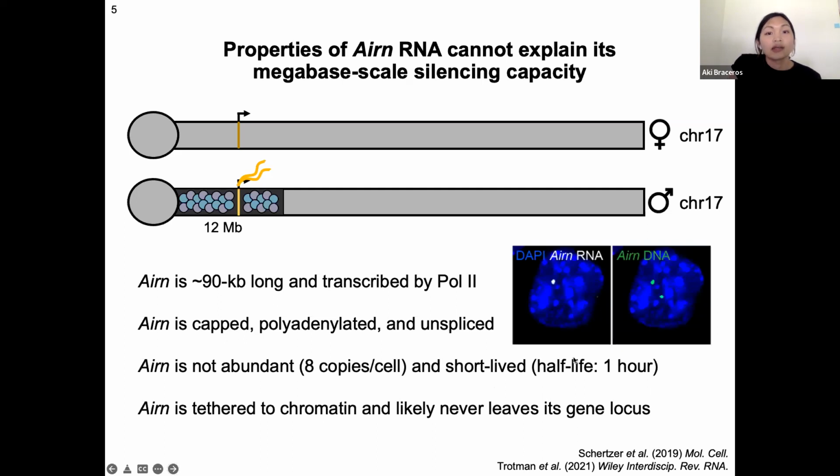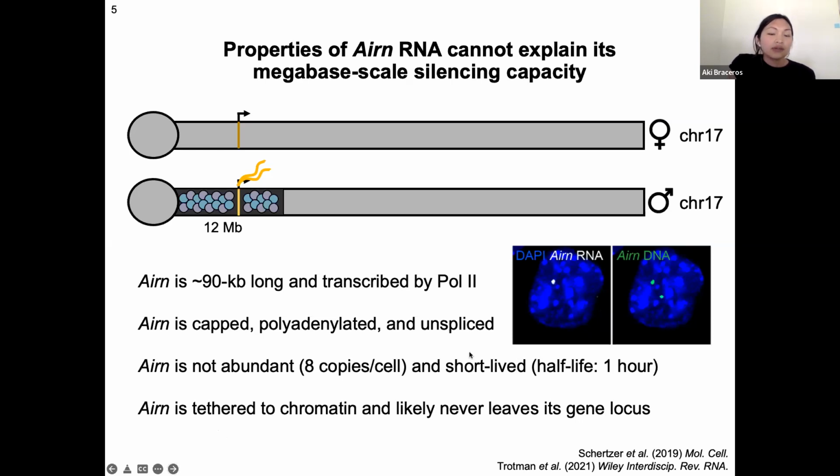Just to demonstrate that, here is an RNA-DNA co-FISH image of a cell that expresses Airn. You can see that when we probe or label for Airn RNA and Airn DNA separately, but in the same cell, we only get one RNA dot that co-localizes with the two DNA dots, again demonstrating that this RNA is tethered to chromatin.